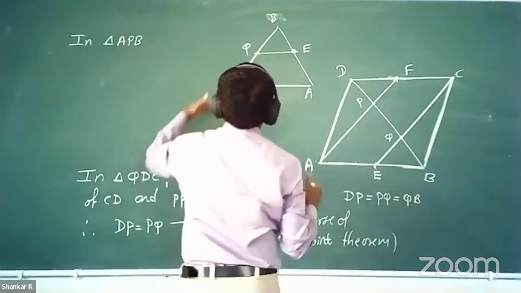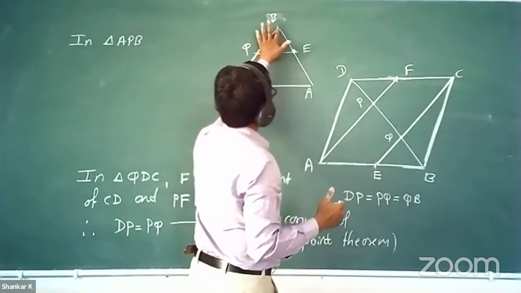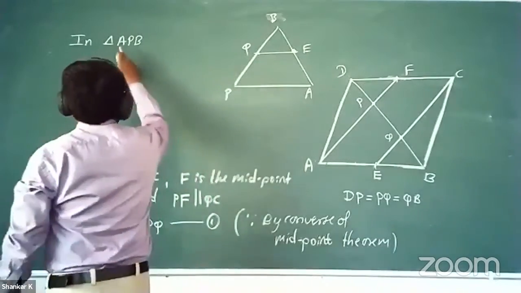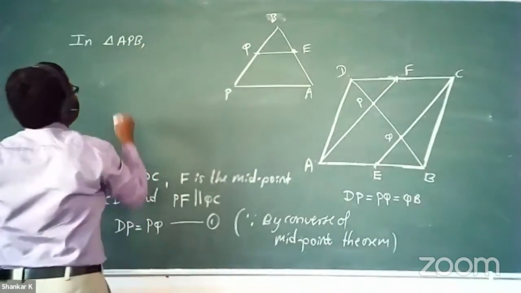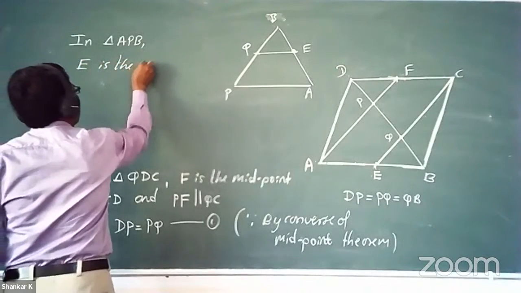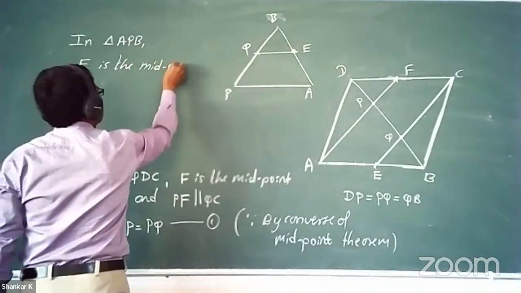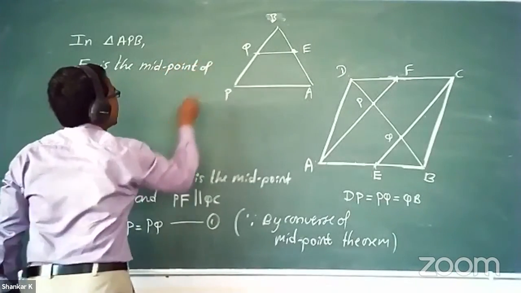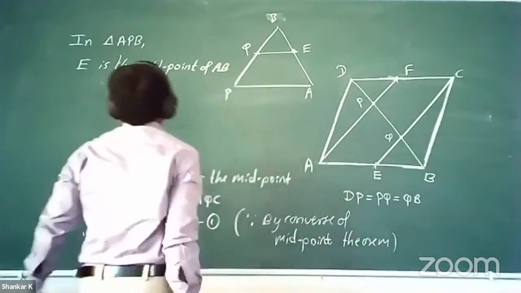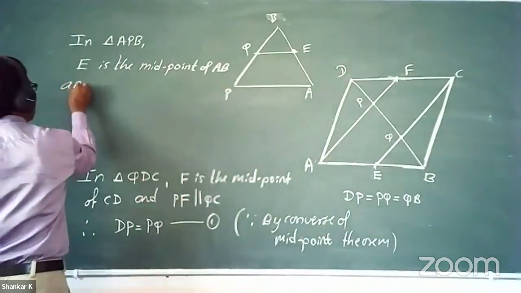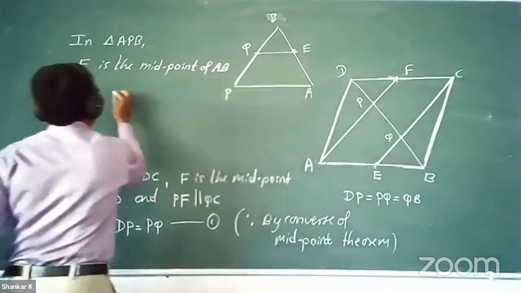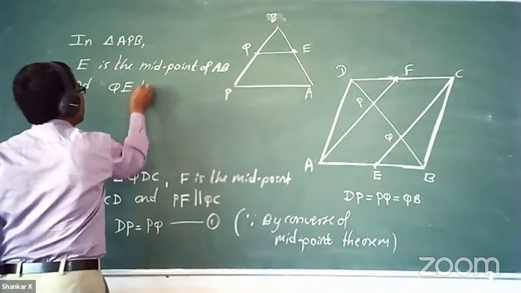E is the midpoint of AB and QE is parallel to AP in triangle APB.